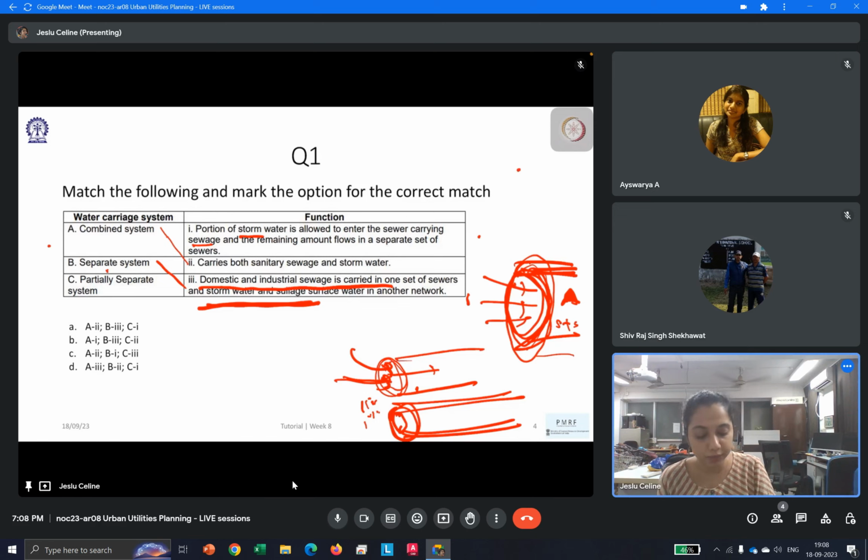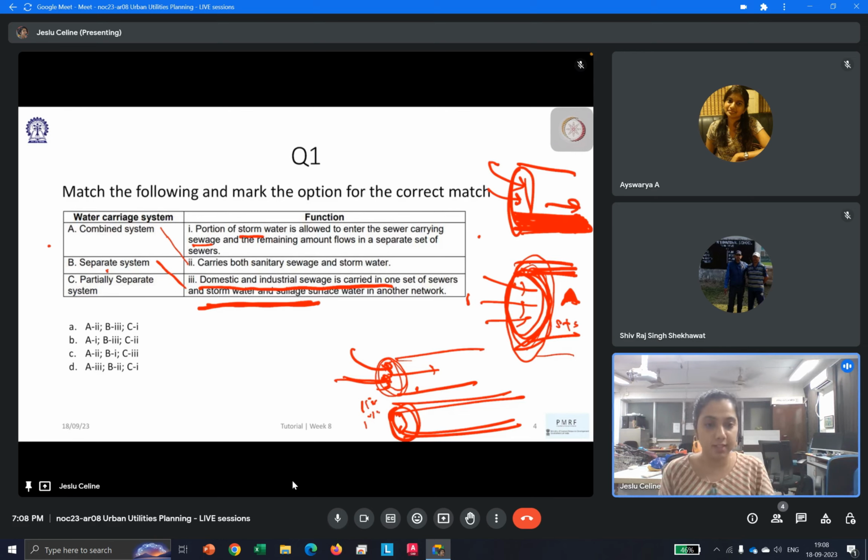If the pipe is this big and your sewage quantity is not adequate, there can be a possibility where your sewage gets stuck in certain locations. In that case, having stormwater also flow into this sewage system will help in cleaning the sewer line. Because of that, a combined sewage system is preferred.